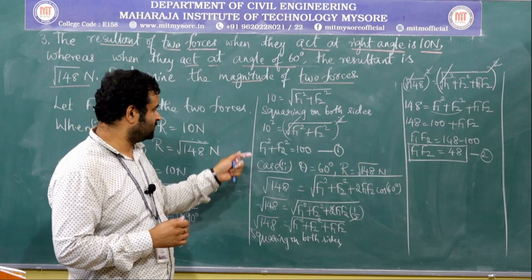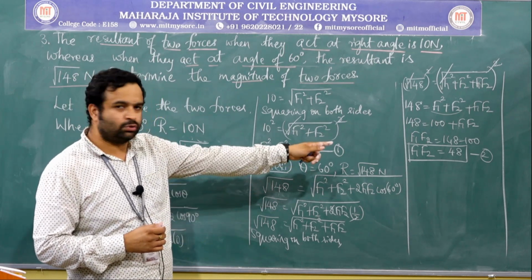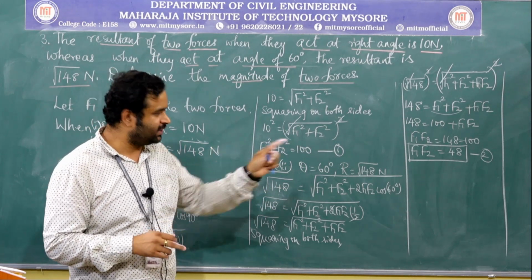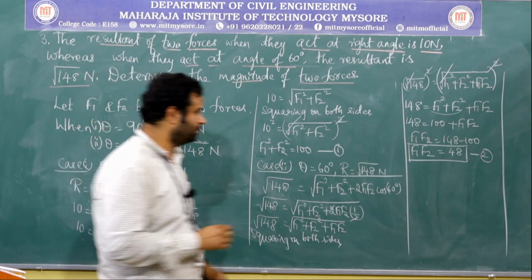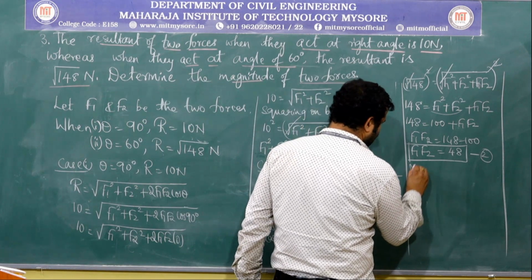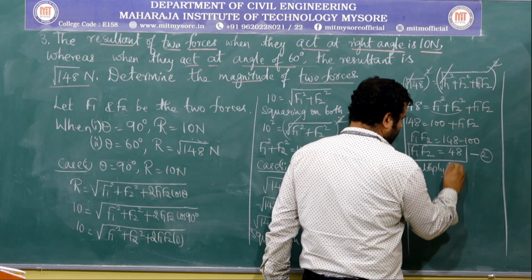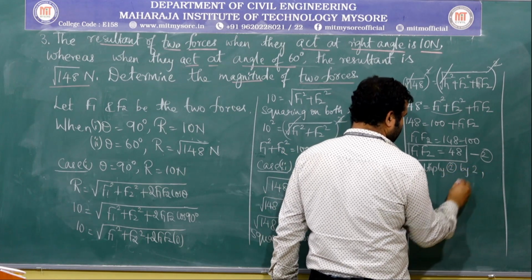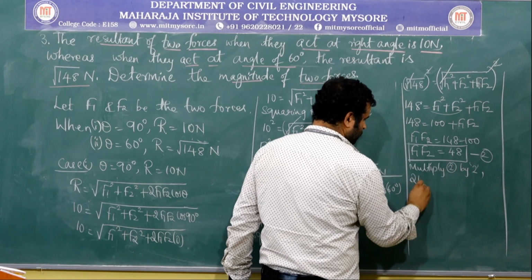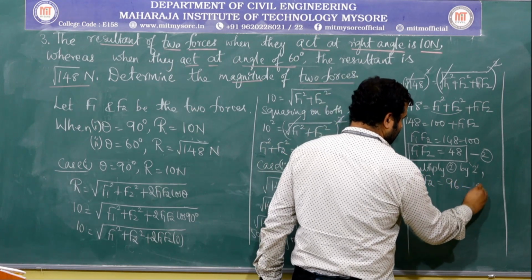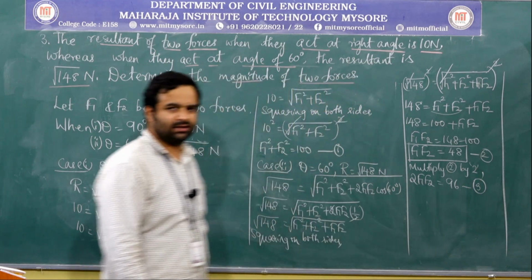Since we do not have 2 F1 F2 in that equation, let us multiply the entire equation number 2 by 2. So we get 2 F1 F2 is equal to 96. Now this will be equation number 3.